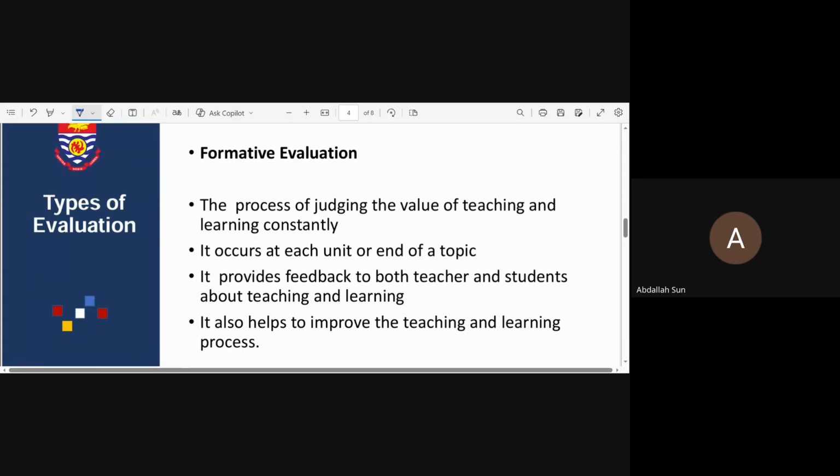It also helps to improve the teaching and learning process. So while teaching and learning is ongoing, the teacher is able to know the strengths and weaknesses of whatever lesson is being delivered. Thank you very much, sir.